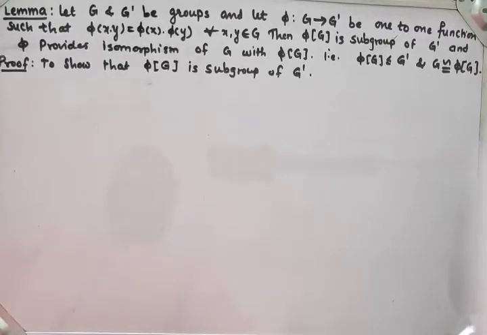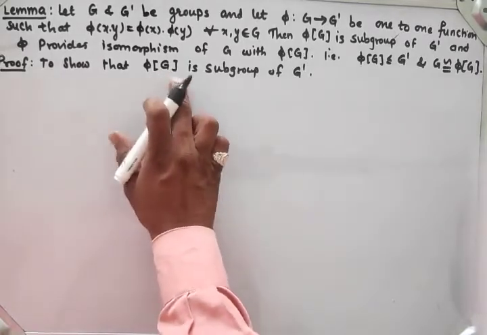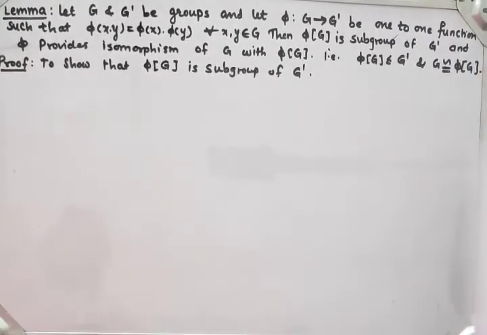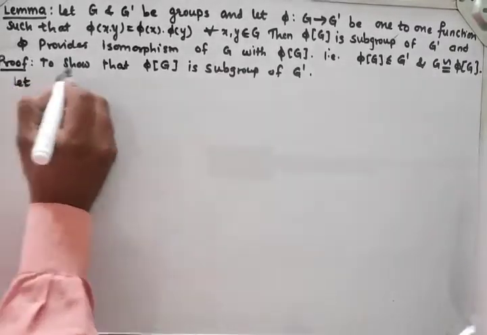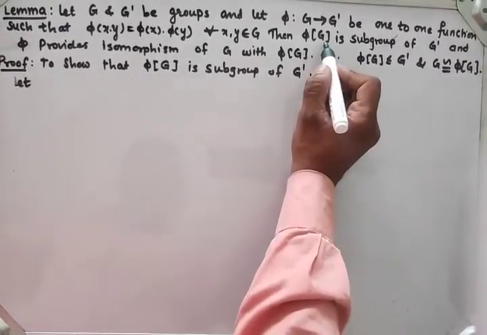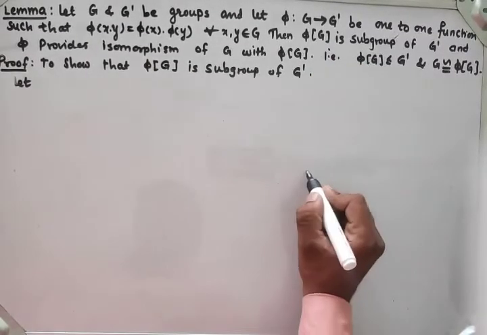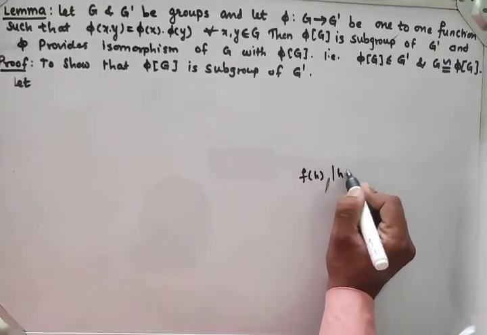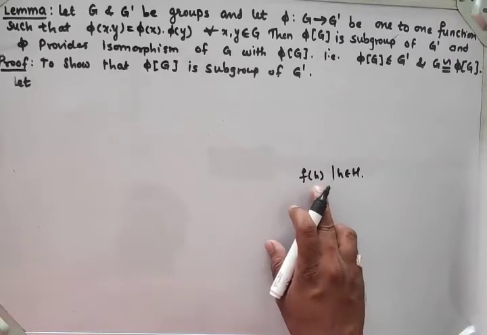So to show phi of G is a subgroup of G dash means to show the closure property, existence of identity and existence of inverse exist in phi of G. So let x dash, y dash be two elements from phi of G. We have seen the definition of image of H under f, which is f of h such that h belongs to capital H, which is the image of H under function f.